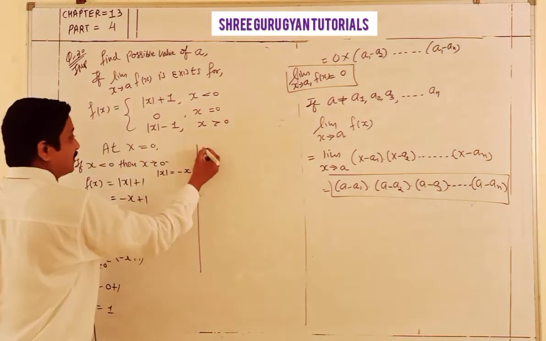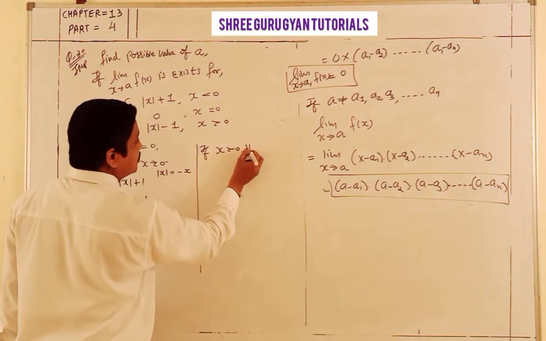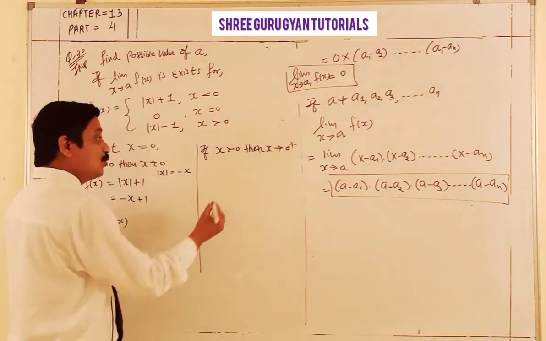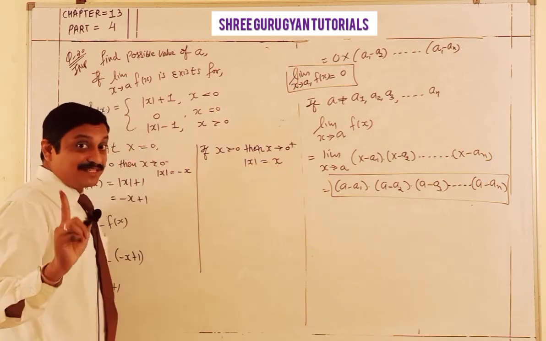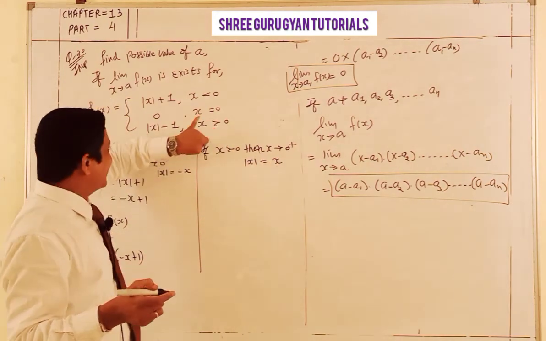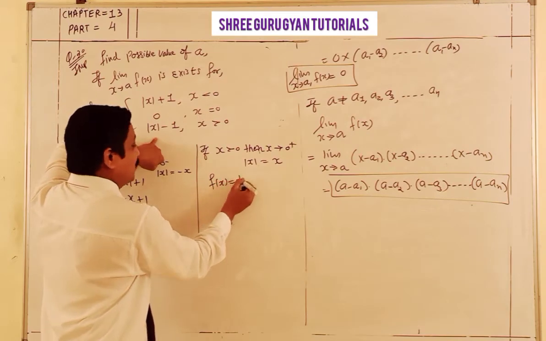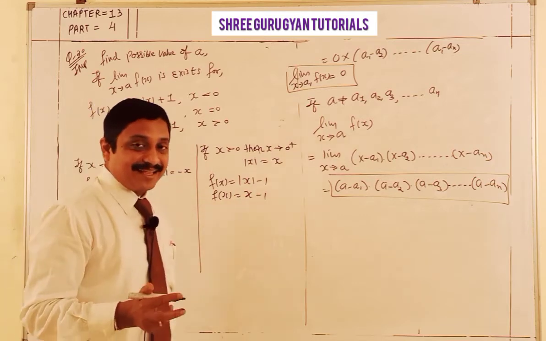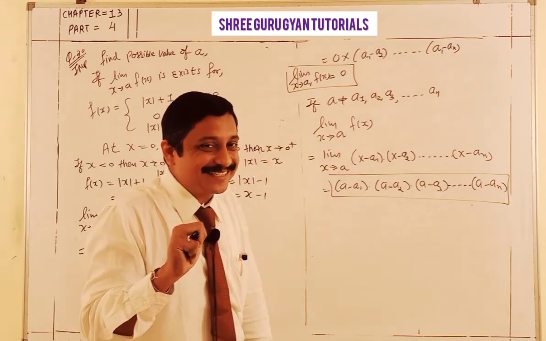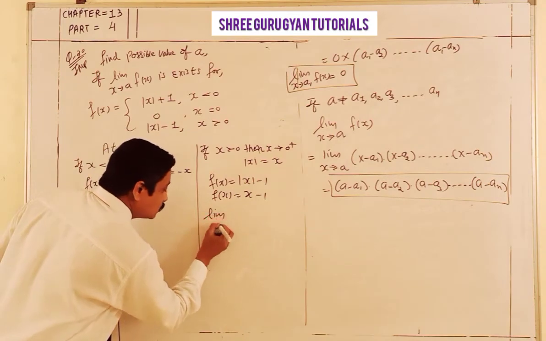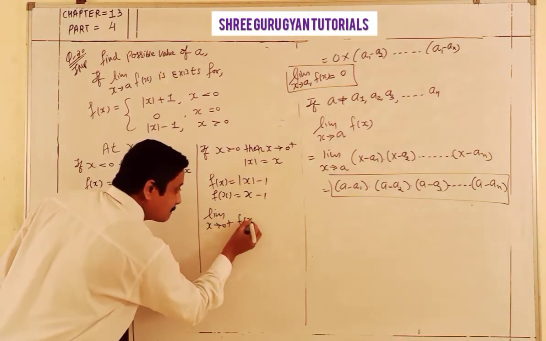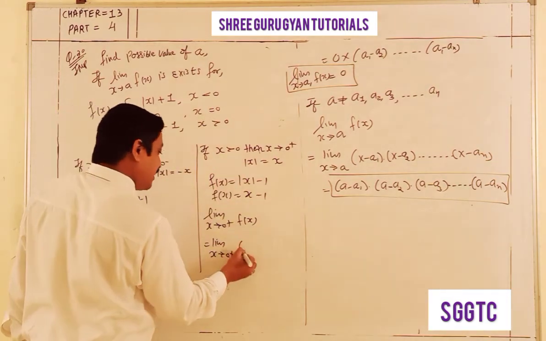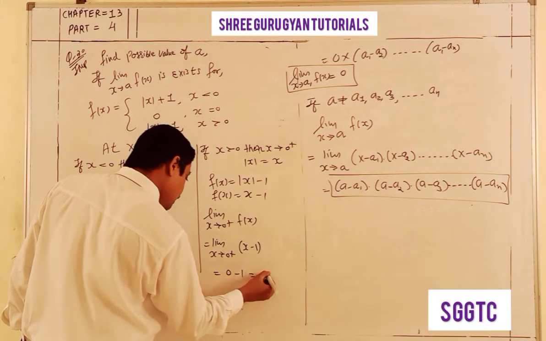Now second case, if x more than 0, then x tends to, students, 0 positive. So what is the modulus x? And which case will I prefer in questions? Yes, second one. f(x) becomes mod x minus 1. So it is only x minus 1. And same apply in the limits. So limit x tends to 0 positive, and my f(x) is here x minus 1, 0 minus 1. Check.